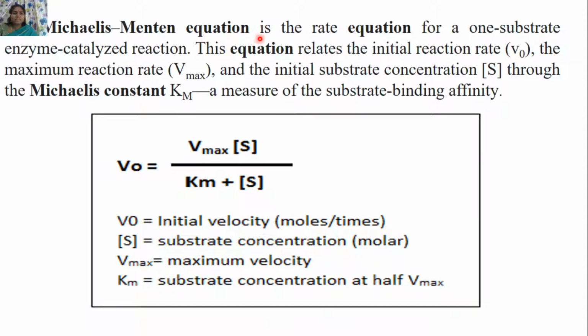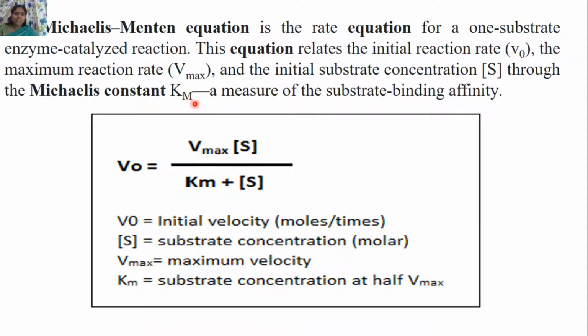The Michaelis-Menten equation is the rate equation for a one-substrate enzyme-catalyzed reaction. This equation relates the initial reaction rate, that is, the rate in the beginning when the substrate concentration is increasing and not at the saturation level, to the maximum reaction rate at which all the active sites of the enzymes are bound, and to the initial substrate concentration through the Michaelis constant, Km.